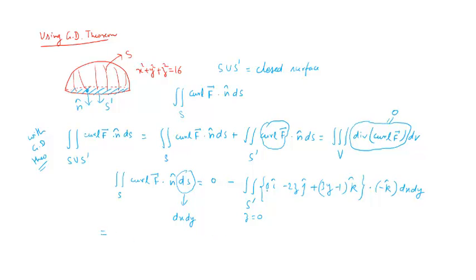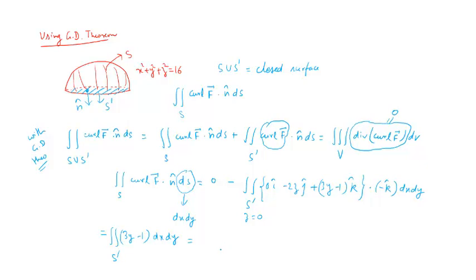So we get only minus, and this minus and this minus makes it plus. k dot k will be 1, so we get the integral of (3y minus 1) dx dy over S dash. Now what is S dash?